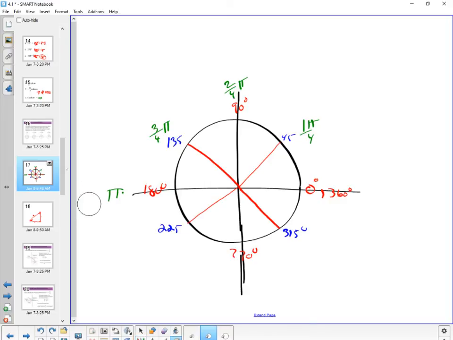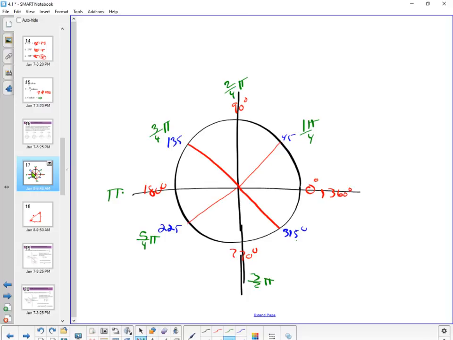Question. Sticking to that same theme, what does 225 become? If this was 4, then this would be 5 fourths of pi. 6 fourths, which is 3 halves pi.